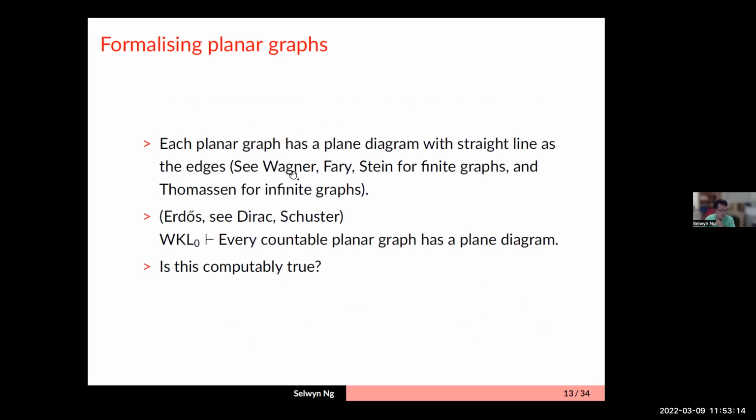There are related works by, for example, Wagner, Fáry, and Stein. For finite graphs, this is actually equivalent to having a plane embedding whereby you have straight lines as the edges, and Thomassen generalized this to infinite graphs.